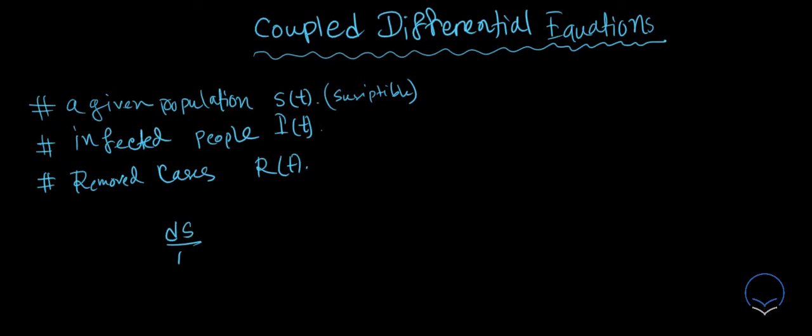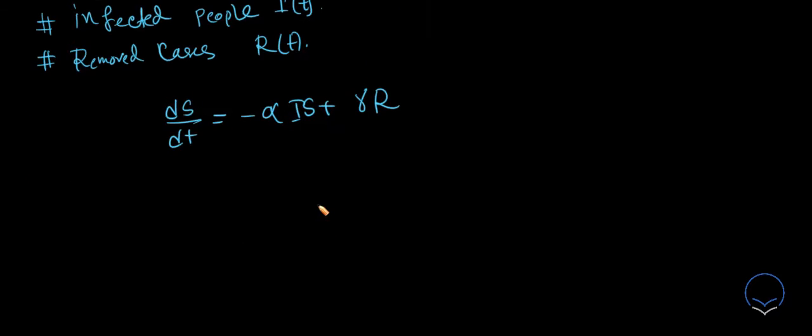So if someone wants to model an epidemic using these three pieces of information, one will get the following differential equations. One will have ds by dt equals minus alpha I s plus gamma r. I'll tell you what alpha and gamma mean in a second.